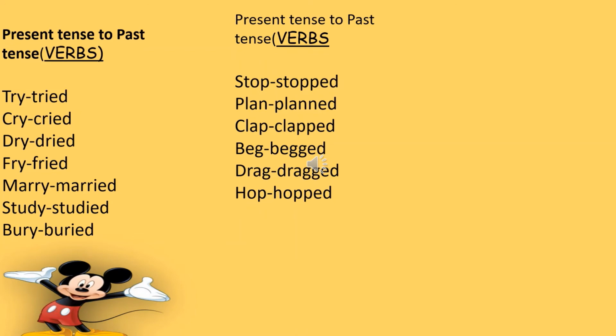What about the words ending with P? For example, stop. You need to add another P, so it becomes S-T-O-P-P-E-D. Plan, ending with N: just add another N and then you add the E, D to show that it's in the past tense. Then you have clap.